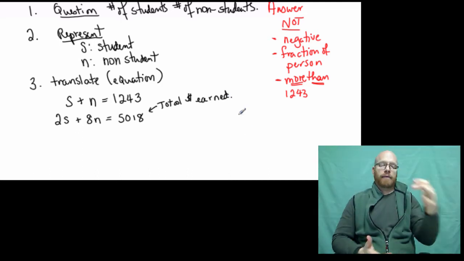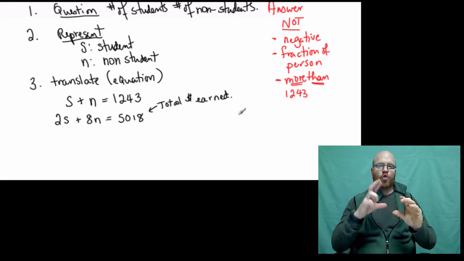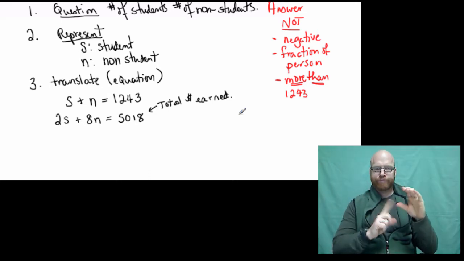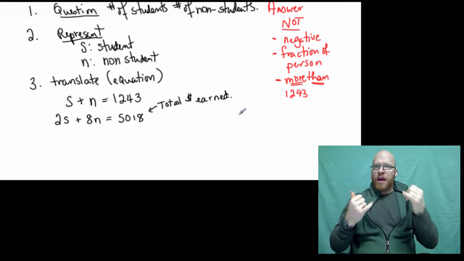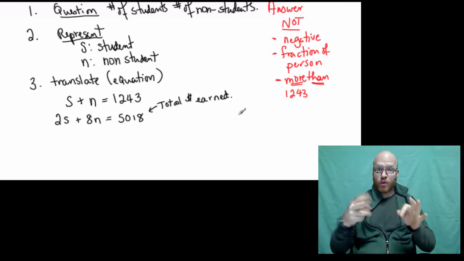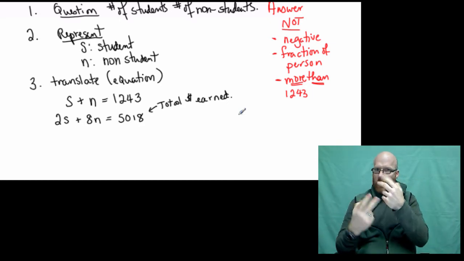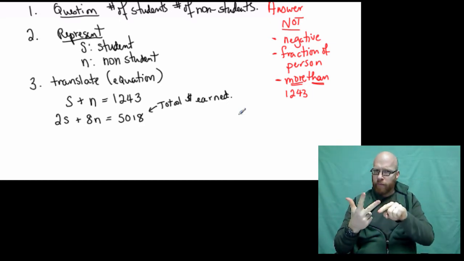Now I say earned, but it's collected. They collected $5,018 from their ticket sales that evening at that game. Okay. Now we have two equations and two unknowns.